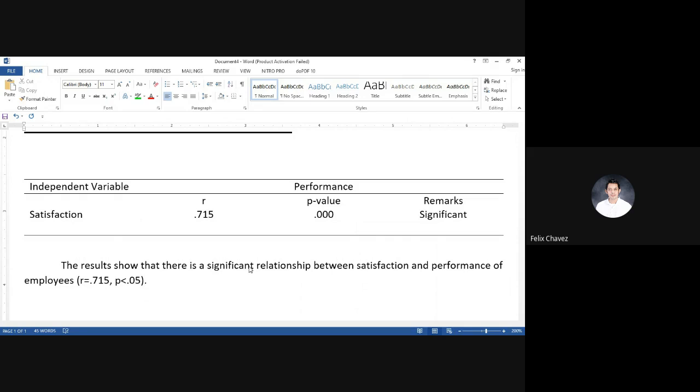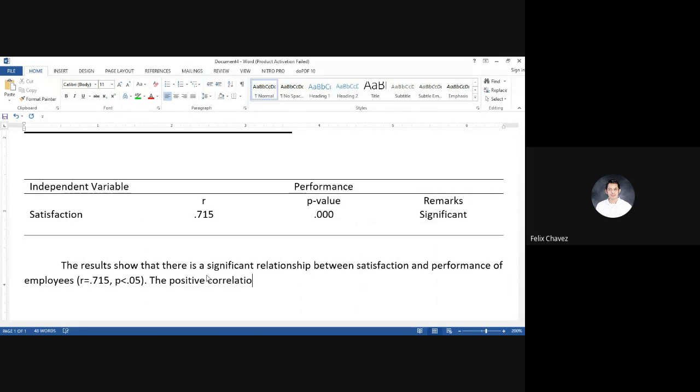Okay? So this is the statistical interpretation that we know that since the p-value is less than 0.05, then the results show that there is a significant relationship between. We can also talk about the correlation coefficient.